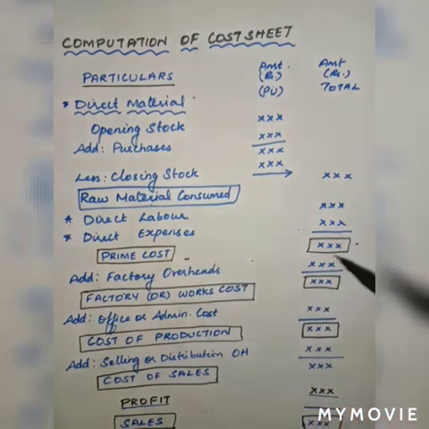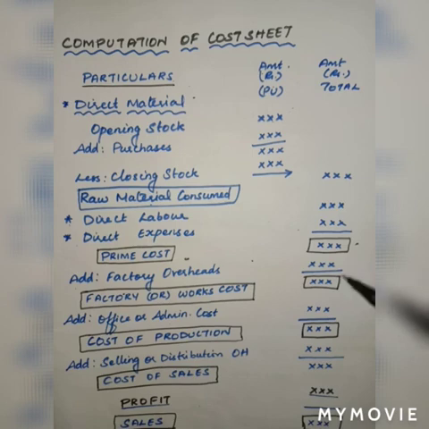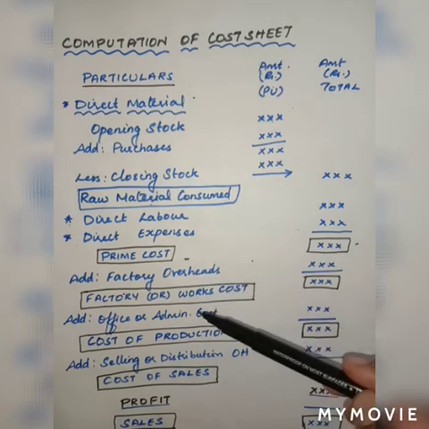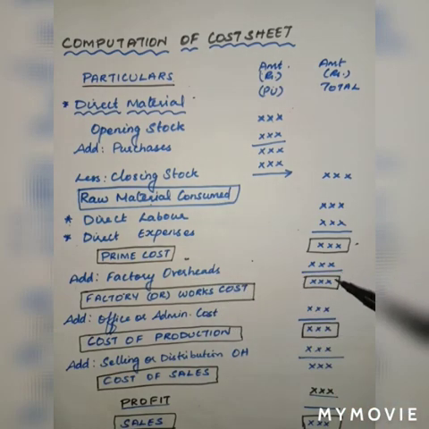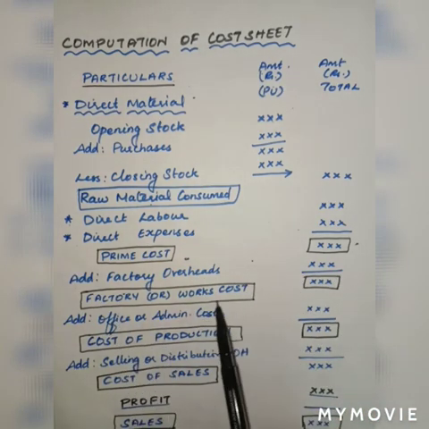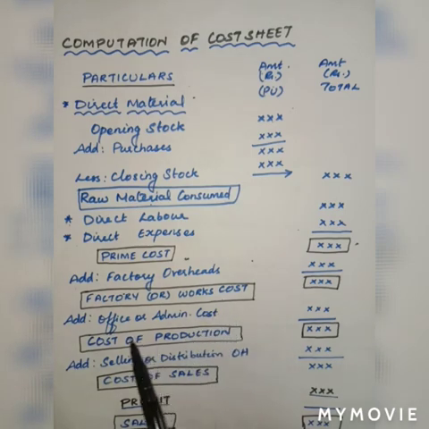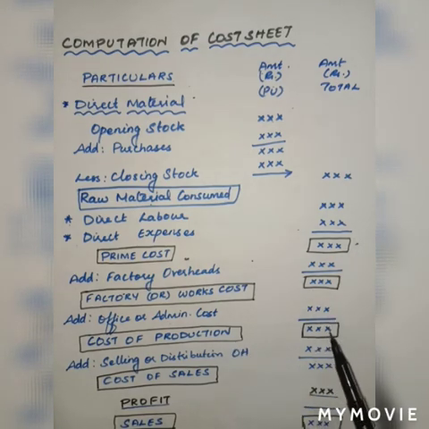Prime cost is the base cost. Along with that, add factory overheads. As we discussed, all the factory expenses will be listed under factory overheads. Add it together, you get factory or works cost. Along with that, add office or admin cost. You will get cost of production. And all these are cumulative figures.